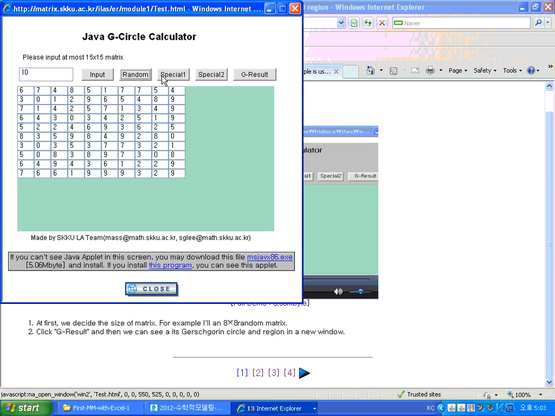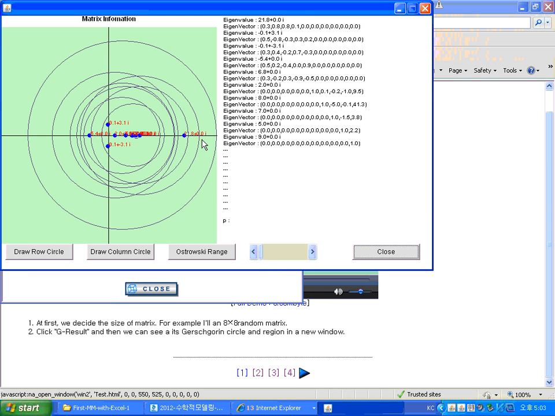We can draw the random matrices, and we can draw the Gershgorin circles.